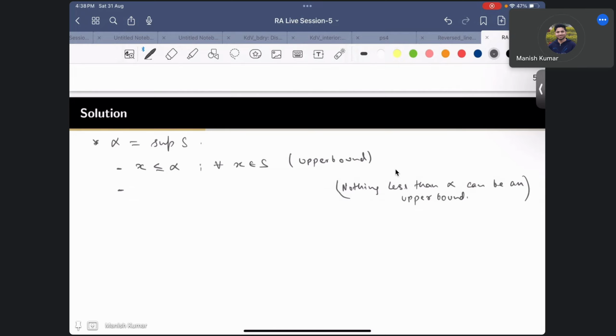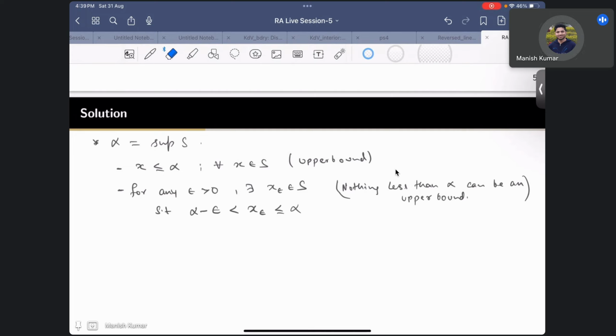So that means that for any epsilon greater than 0, there exists some x epsilon in S such that if I reduce the supremum by epsilon, then I'll get this x epsilon, which is strictly greater than alpha minus epsilon and less than or equal to alpha. Because alpha is an upper bound, this is anyway true from the first point.